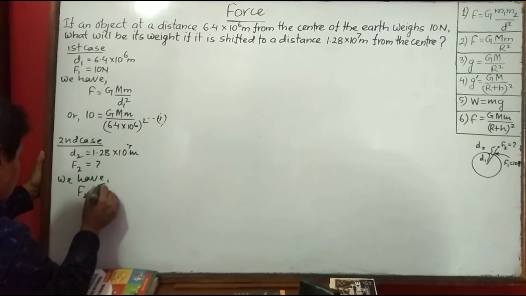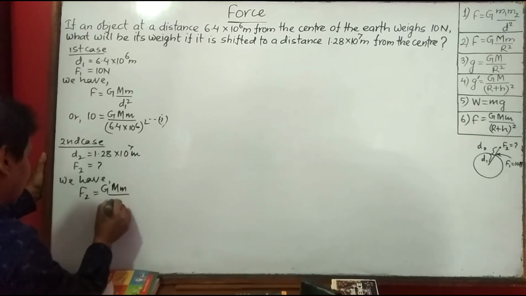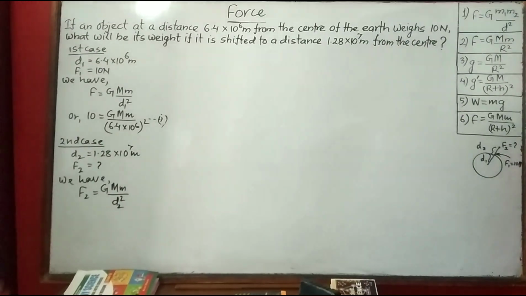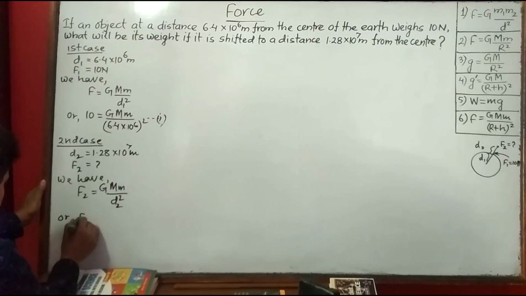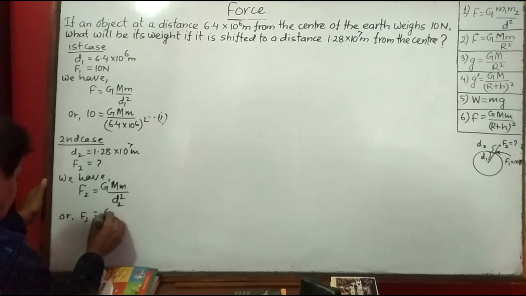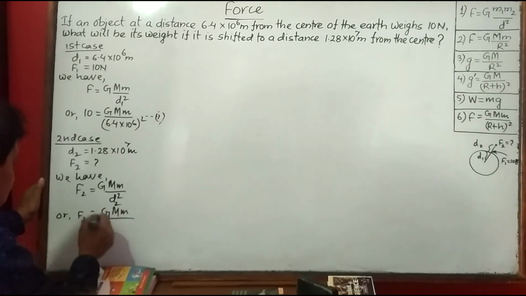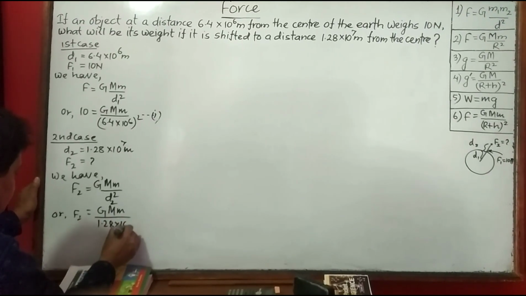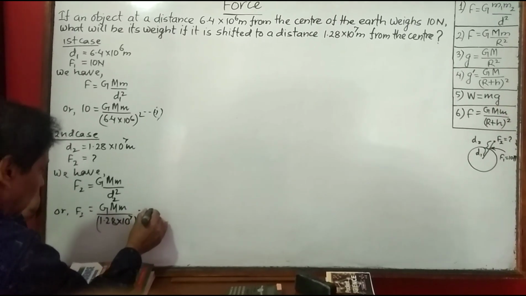F2 is equal to capital G, capital M, small m by d2 square. F2 is not given, that's why I'm writing F2 only, and G, M, m are not given. d2 is given 1.28 × 10^7, squared. This is equation number 2.